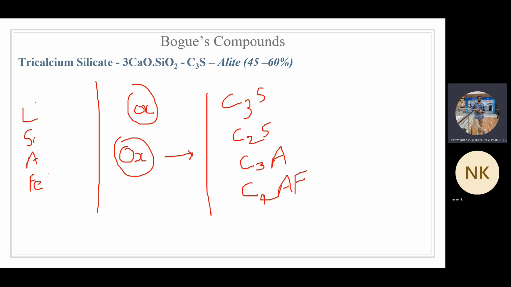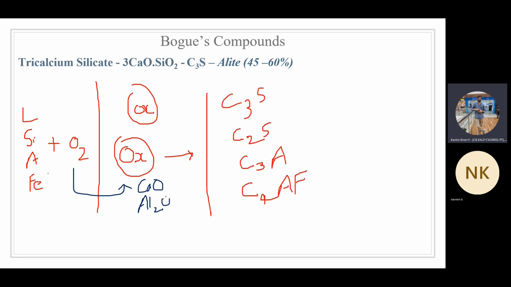When lime, silica, alumina, and ferrous iron come in contact with oxygen, they convert into oxide compounds. We have different oxides like CaO, SiO2, Al2O3, all these oxide compounds I have just shown you.